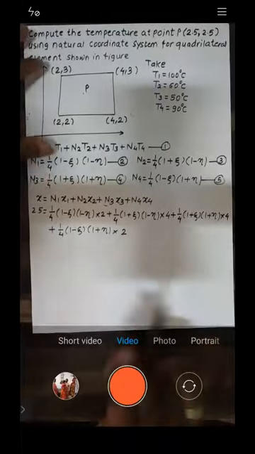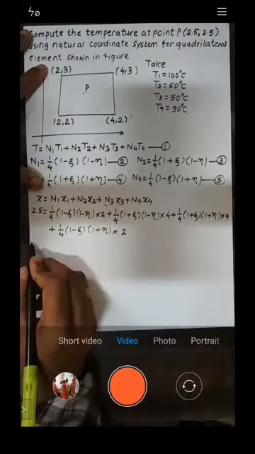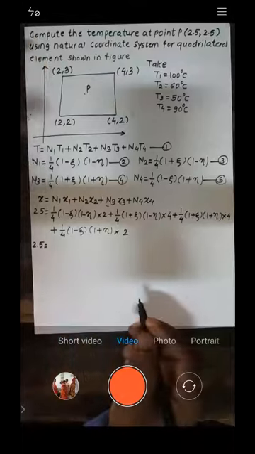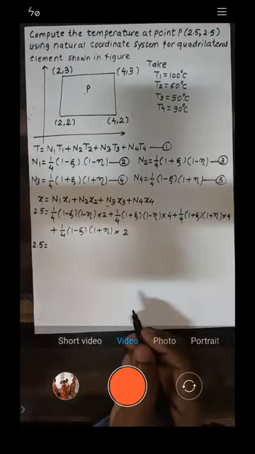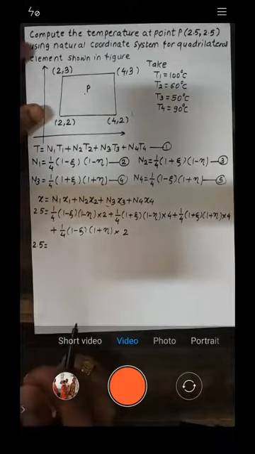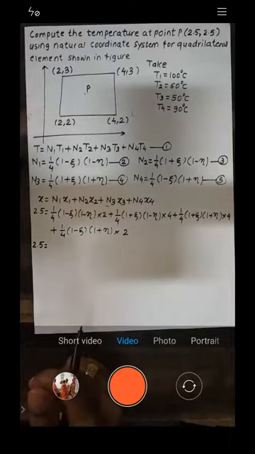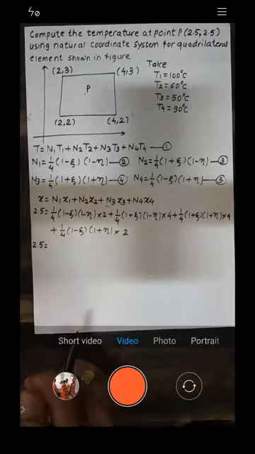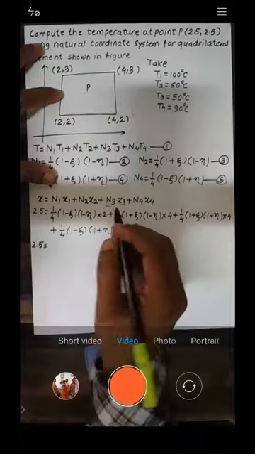Now let's see what we can do with this equation. 2.5 is equal to, now let me know how to solve this equation. See here, all of you.